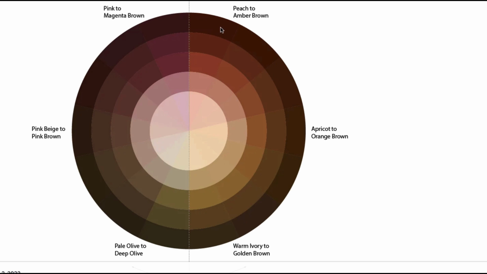And I've labeled them a little bit here in the regions so that you can get an idea of where you might fit. So we've got like warm ivory to golden brown, kind of a light apricot to orange brown, peach to amber brown. And then over here we have pink to magenta brown, a pink beige to a pink brown, or maybe even a cool brown, and then pale olive to deep olive.